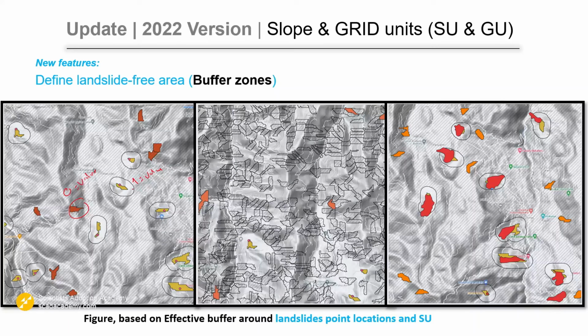These represent the landslide locations, and here the training data for the non-landslide locations. And here you can also see how we generate these buffers around the points and around the polygons within the slope units environment.